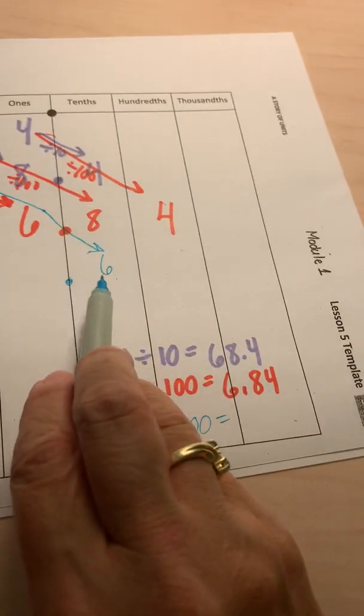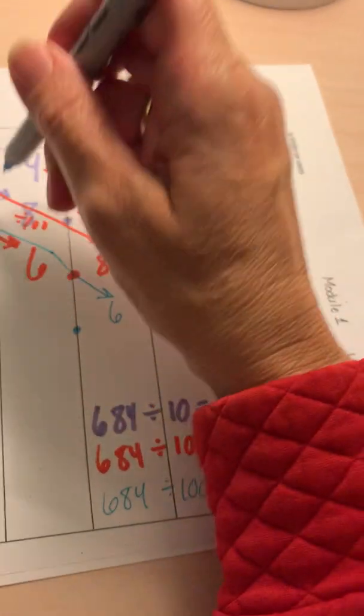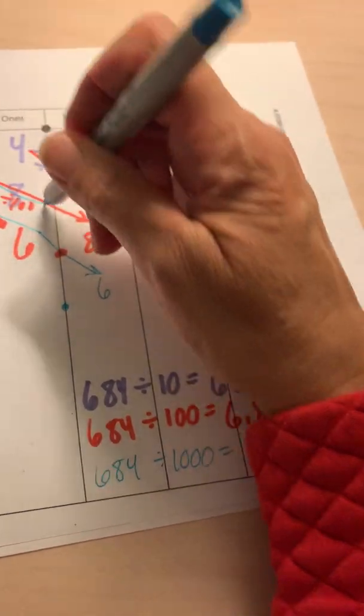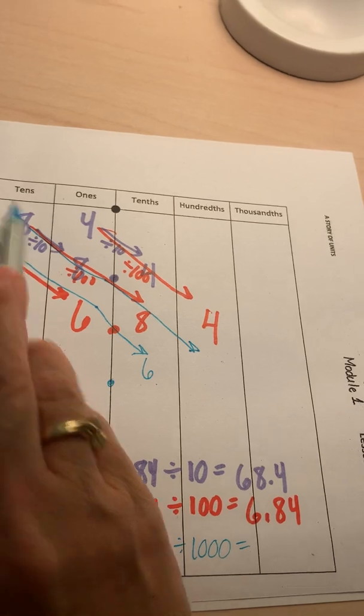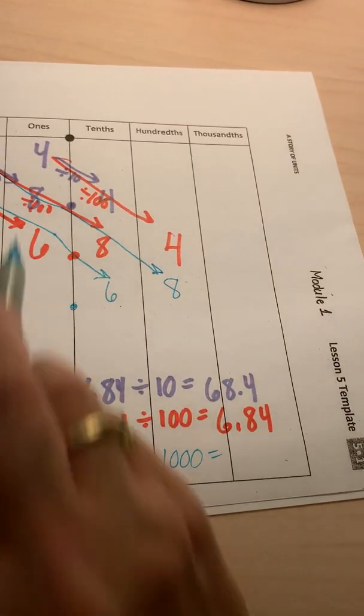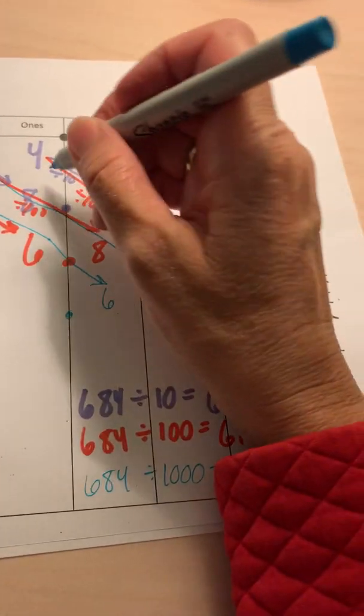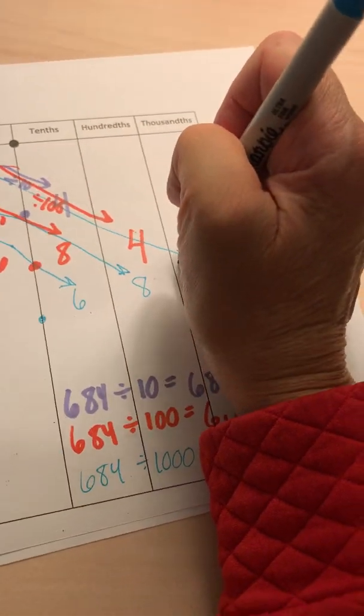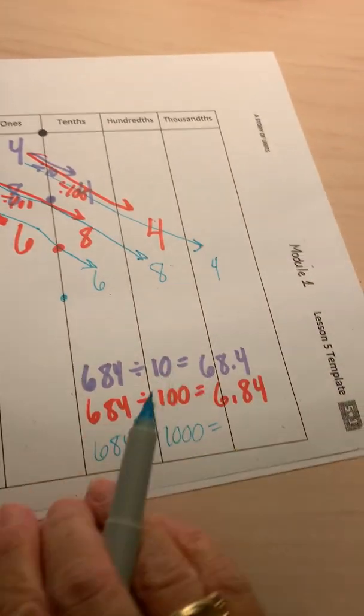And our 6 hundreds divided by 1,000 is 6 tenths. 8 tens, we go over 1, 2, 3 place values. 8 tens divided by 1,000 is 8 hundredths. 4 ones divided by 1,000 is 4 thousandths.